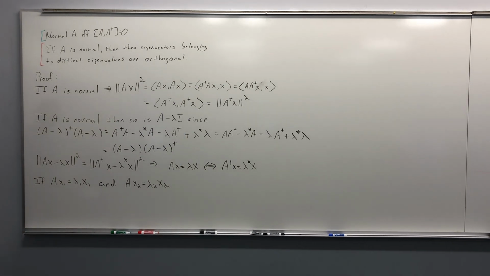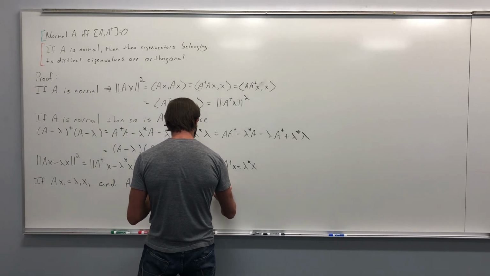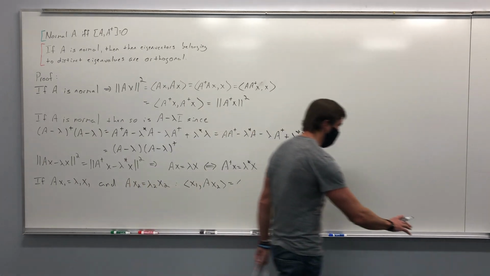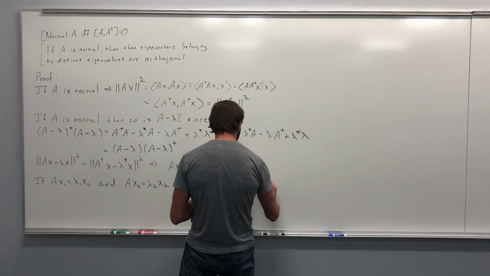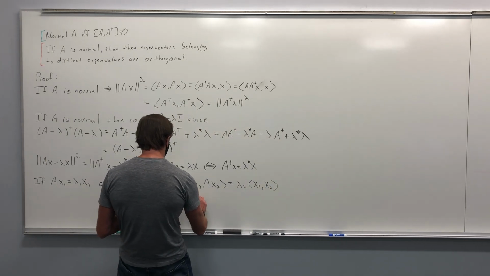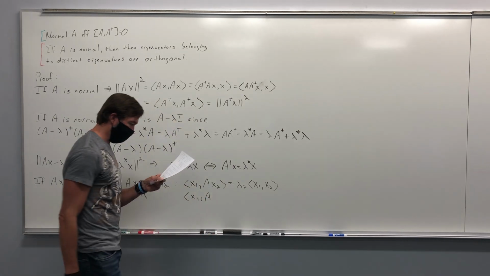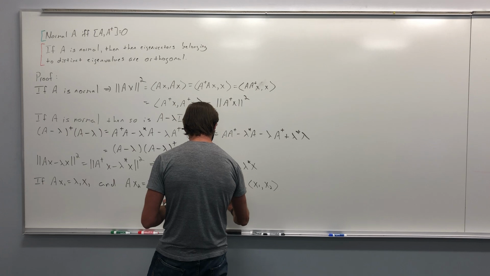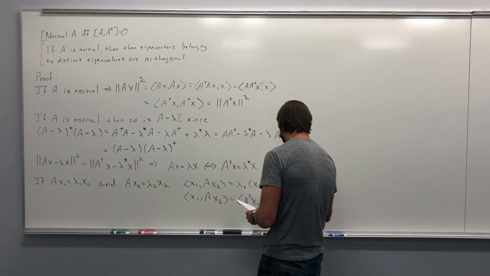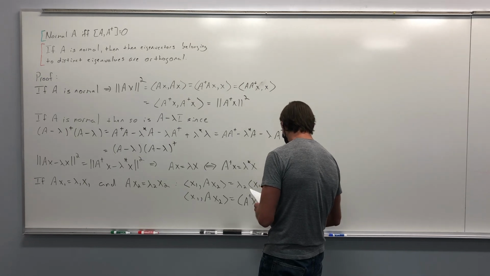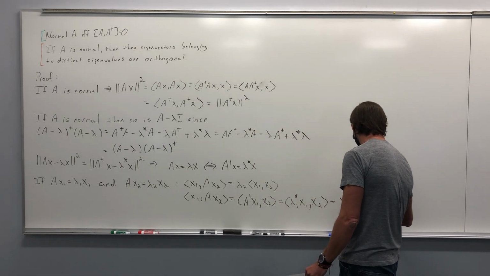Then we have the inner product of x1 with Ax2, which is λ2 times the inner product of x1 and x2, and that is also equal to the inner product of A†x1 with x2, which is equal to λ1* times the inner product, which is equal to λ1 times the inner product of x1 and x2.